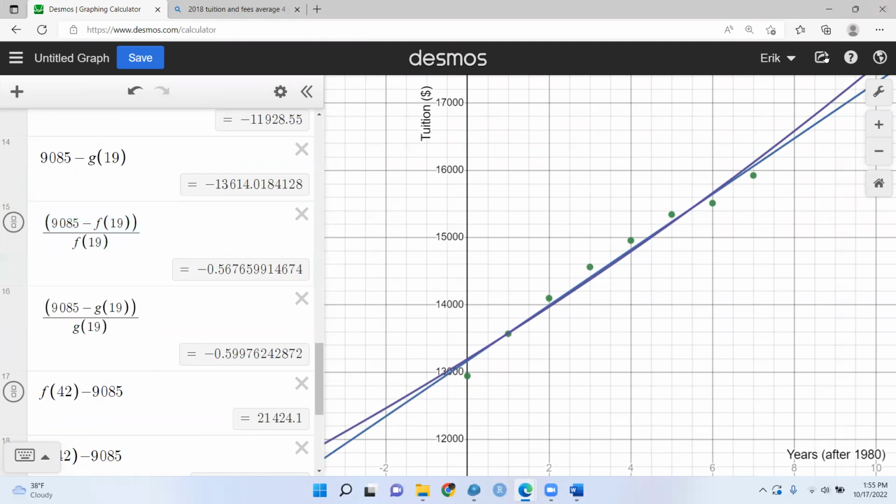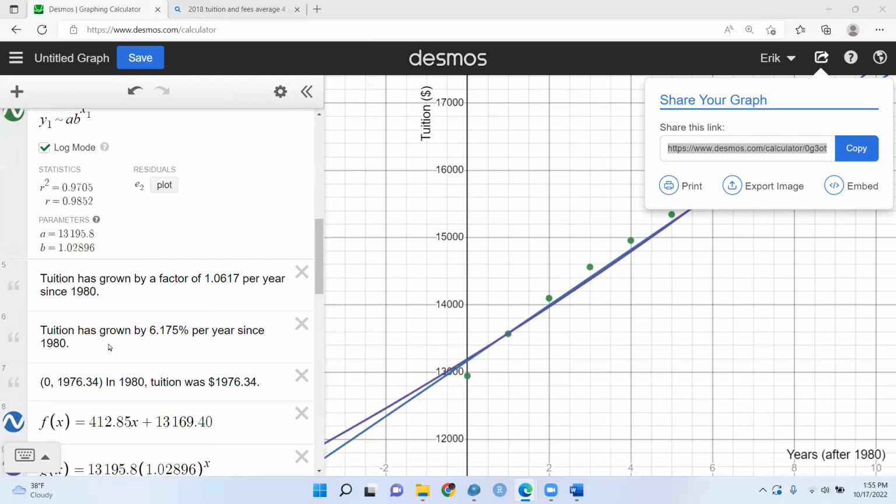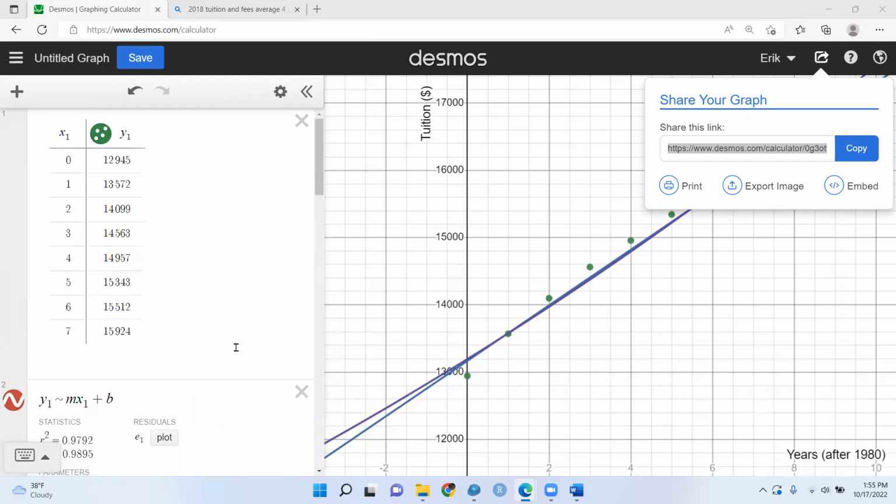For example, I guess I could have done this for you all. I've clicked this share graph, I'm copying, and then you could give me that link, upload that link to Canvas, and then I've got it. If you all click that link that I just shared with you, you get all of this that I just put together.